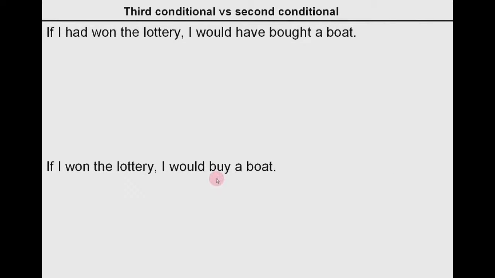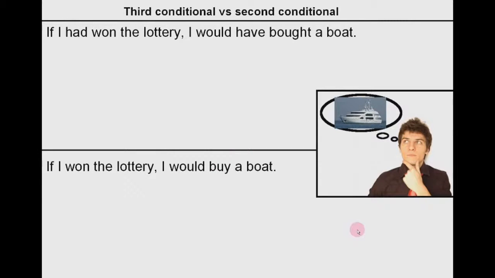So the sentences look similar, and in fact they both involve the person imagining buying a boat, but there is quite a big difference between both of these sentences. So what is the difference?